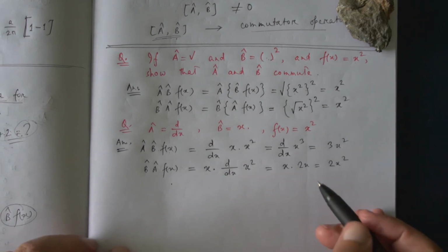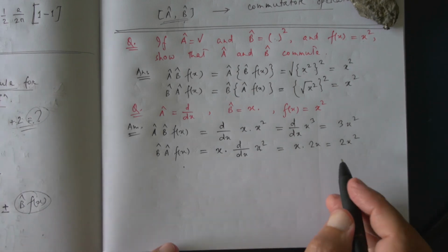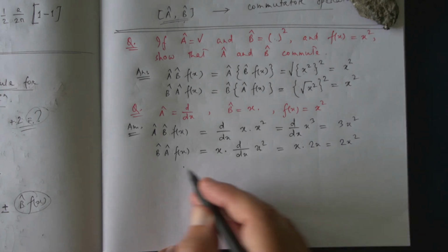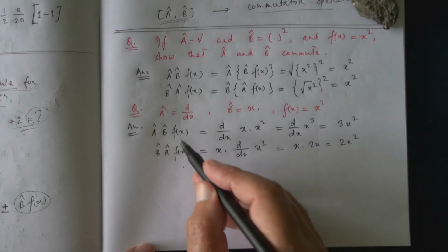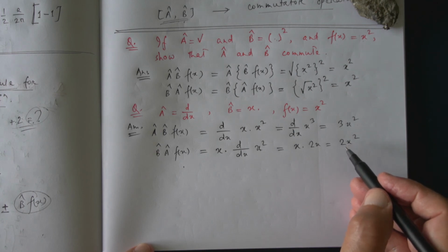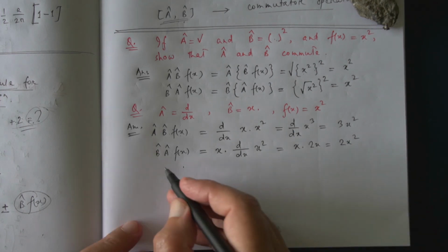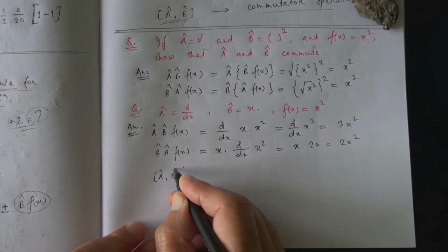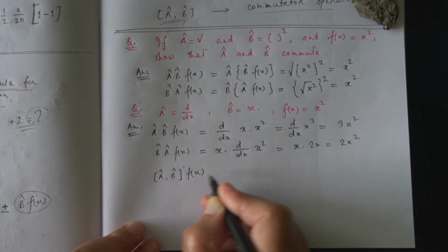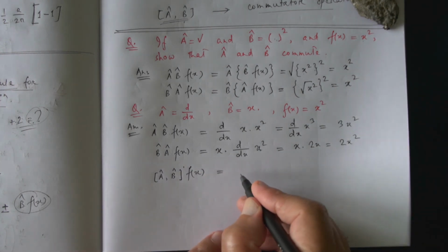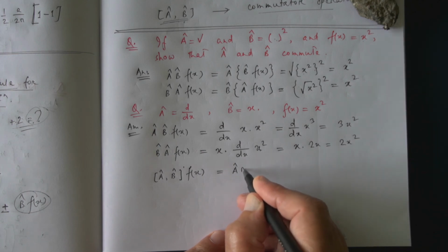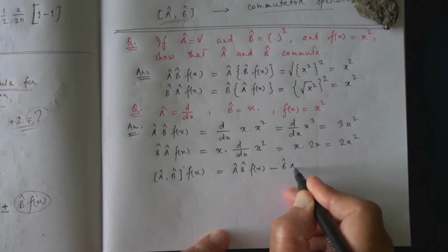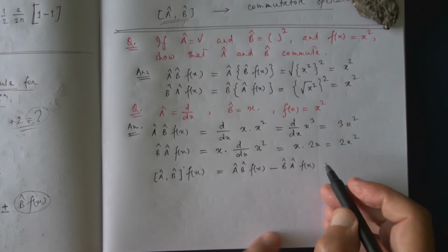Now say another question. Since they do not commute, what will be the value of the commutator operator? Now see, commutator operator [A,B] f(x) equal to AB f(x) minus BA f(x).